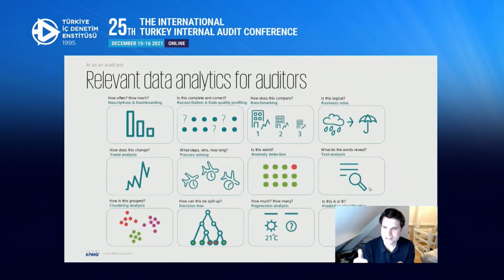You can use reconciliation data analytics to ensure that the whole picture makes sense and that in between no transactions or money are lost, or any other reconciliations you can think of as an auditor. Using traditional data analytics, you can ensure that you have a more detailed look at those specific transactions.